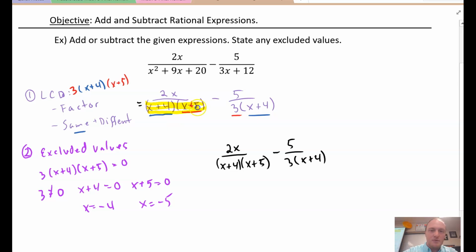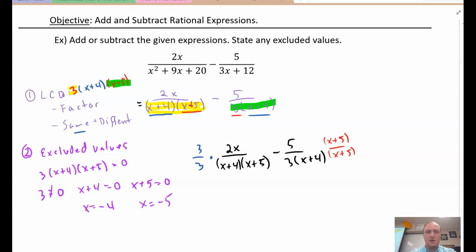What's missing? If I look at my LCD, I'm missing a 3. So I'm going to multiply by 3, top and bottom. What's missing from here? I'm missing the x plus 5. So I multiply top and bottom by x plus 5.